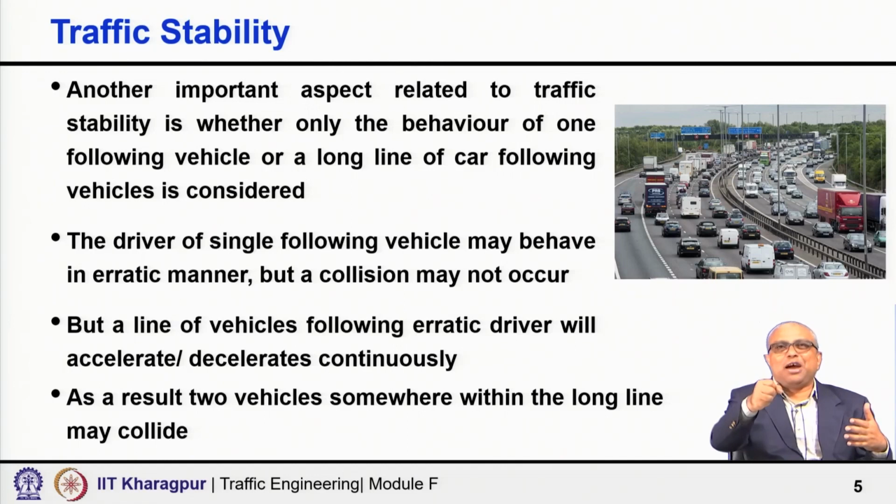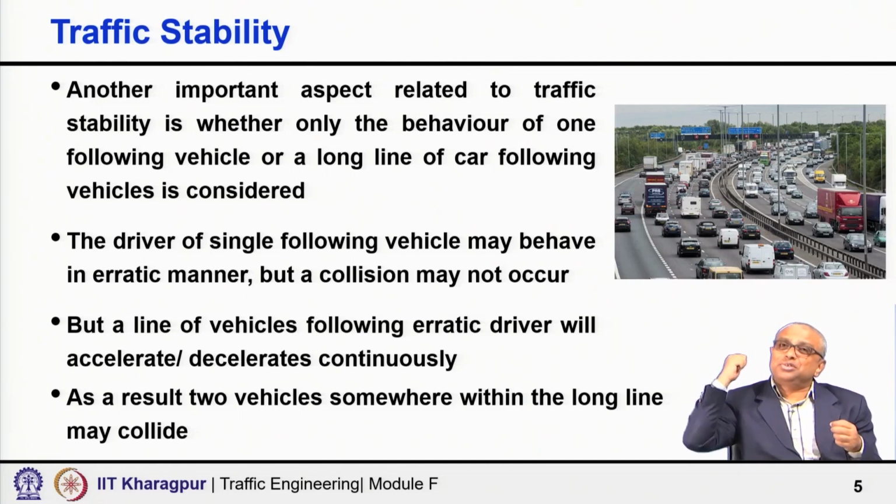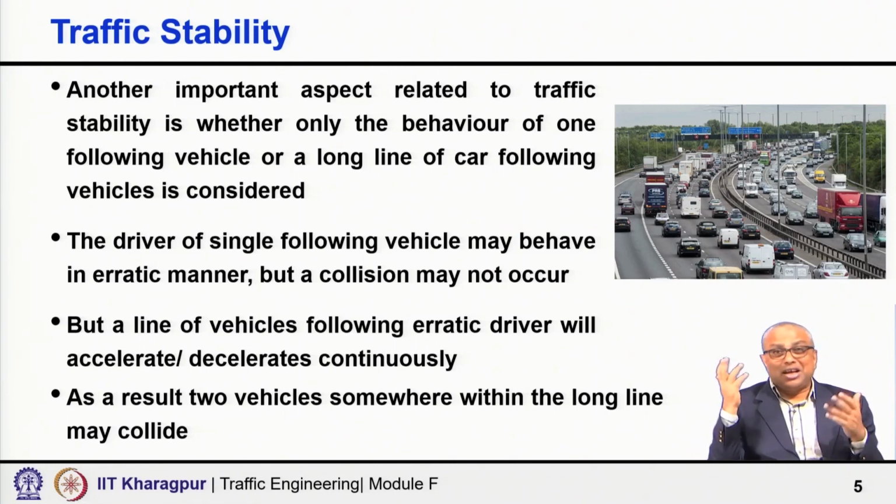Anything that happens does not remain limited to two vehicles; its impact goes upstream to all the vehicles, and as a result, any two vehicles somewhere within this long line may come very close and may eventually collide.